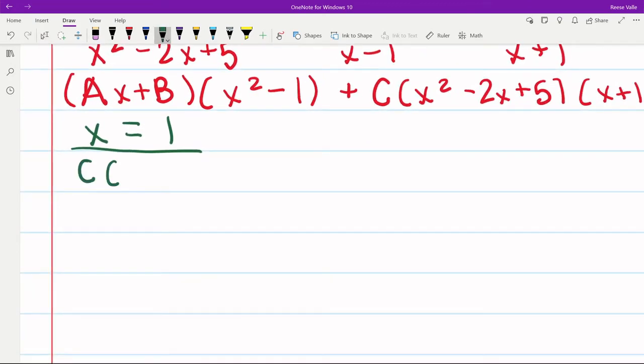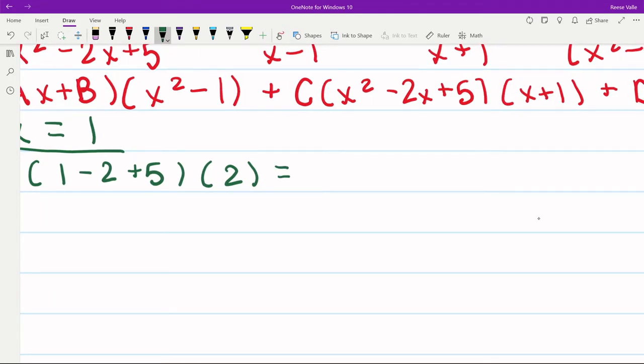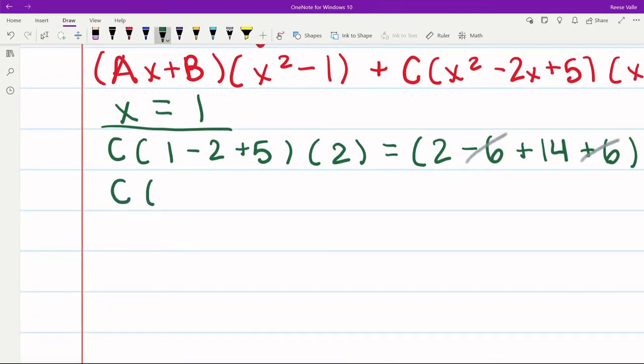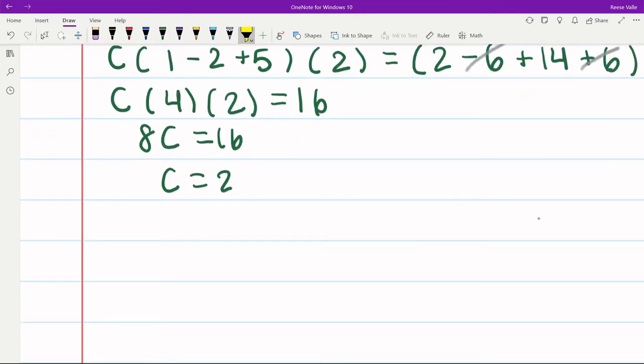So it'll be c times, you just plug in 1: 1 minus 2 plus 5 times 2 equals 2 minus 6 plus 14 plus 6. These two are going to cancel. This is just going to be c times 4 times 2 equals 16, and then it's going to be 8c equals 16. And then c equals 2. So there's one right there.